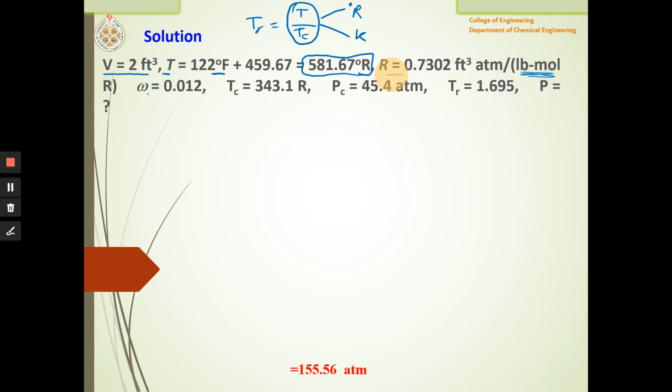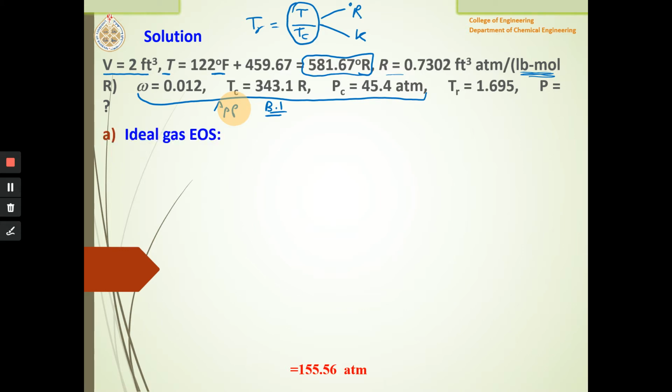I will need the acentric factor omega, because in part B I need the correlation, and every time we apply a correlation we need omega. Where do we get omega, TC and PC, the critical properties? From Appendix B1. Those are the information you will need. Once you get TC and PC, you can calculate TR, and P will be needed, of course.